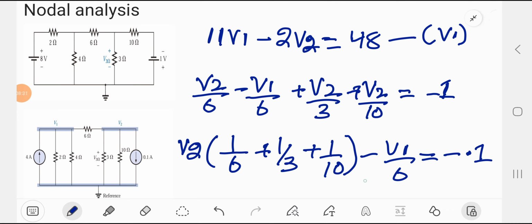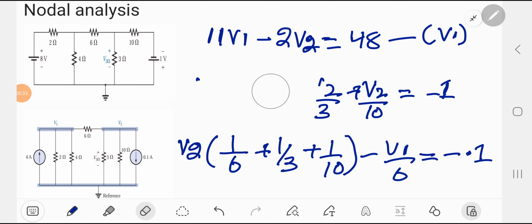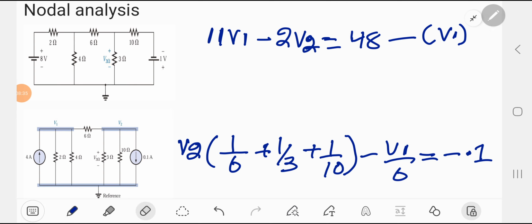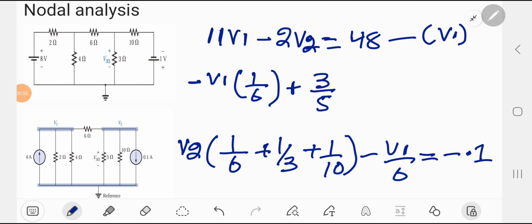If we simplify this equation, V1 times 1 over 6, and this whole statement is equal to minus 0.1.